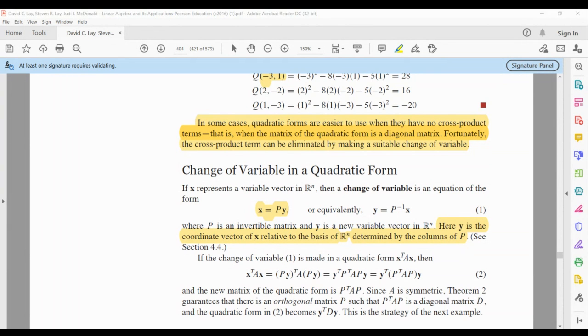And that's why y is the coordinate vector of x relative to the basis of Rn determined by the columns of P.